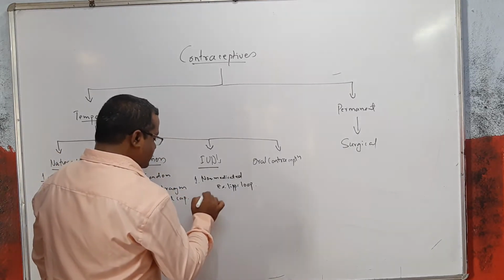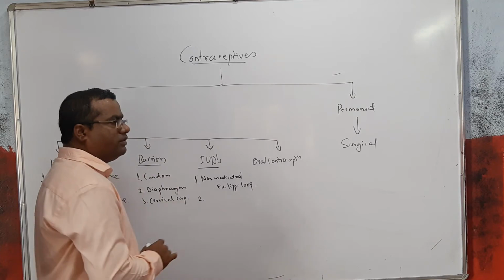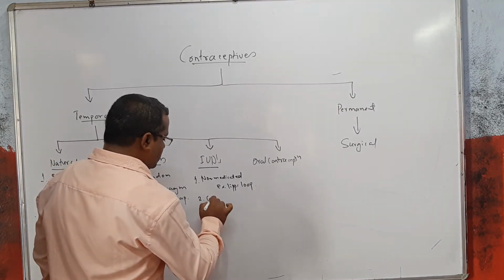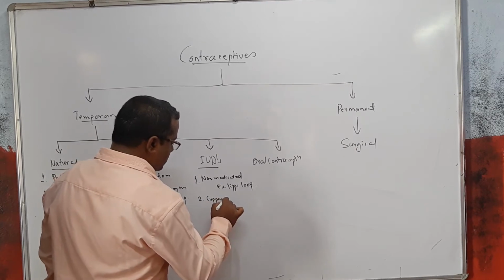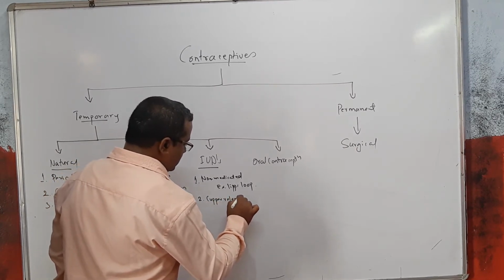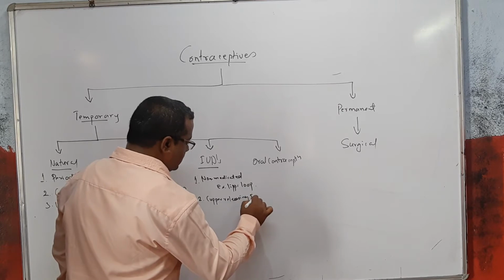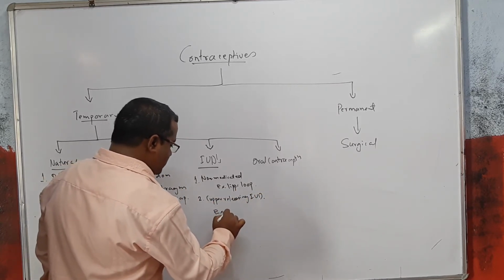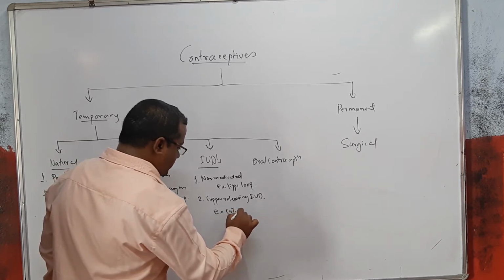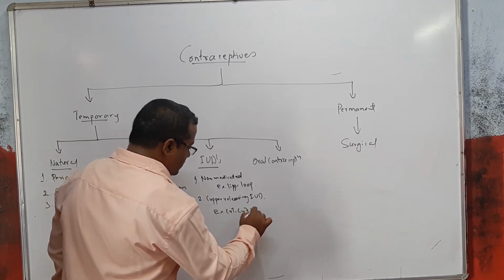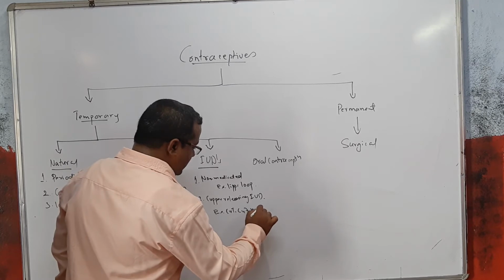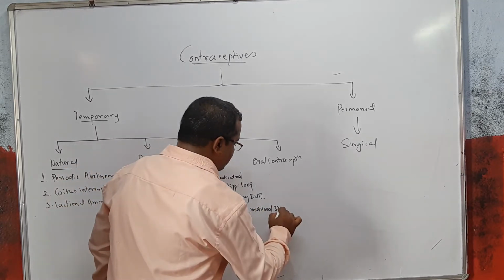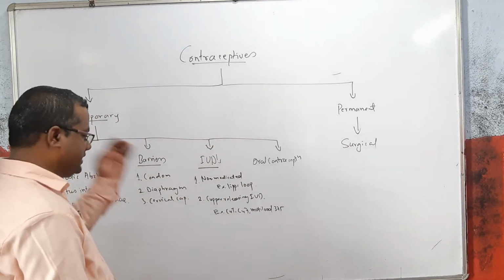The second one is the copper releasing IUD. Examples for copper releasing IUD are CuT, Cu7, and Multiload 375.